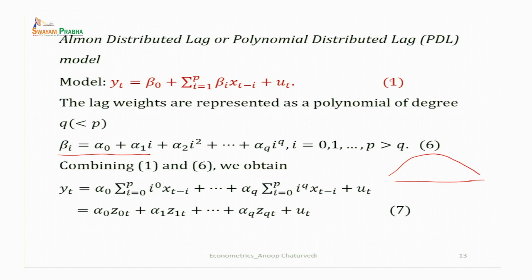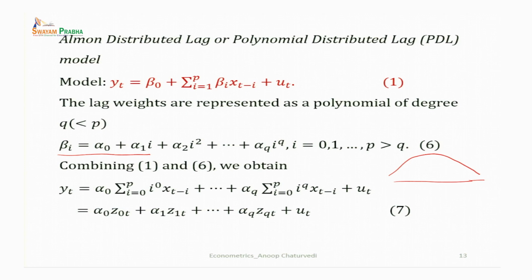Now, if we combine 1 and 6, then we obtain y t equal to, you write beta naught, means for i equal to 0, beta naught is equal to just alpha naught. For i equal to 1, beta 1 is equal to alpha naught plus alpha 1 plus alpha 2 so on plus alpha q, because you are taking i equal to 1.